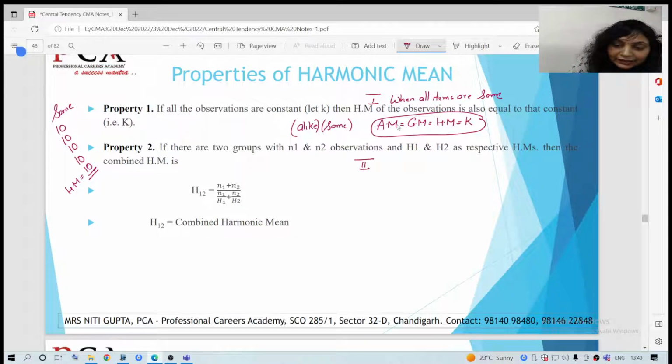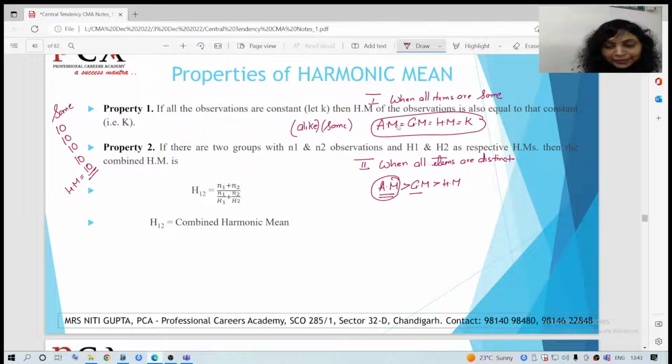When all items are distinct, then the relationship between AM, GM, HM is AM is greater than GM is greater than HM. Means the largest value is of arithmetic mean, then geometric mean and harmonic mean. So first property is if all the items are same, say constant k, then harmonic mean is equal to k.